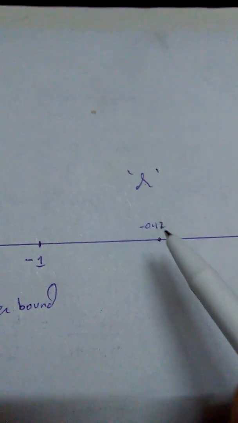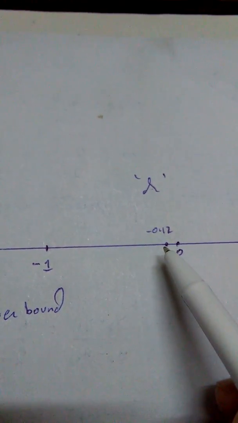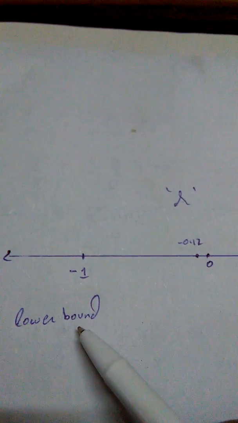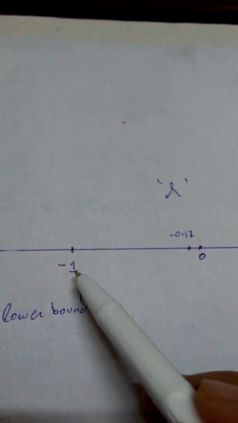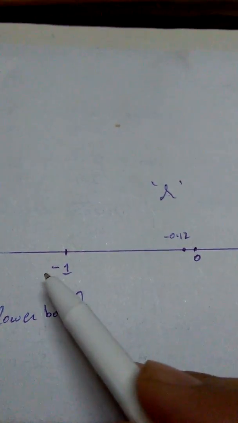So if the value of your r is less than 0, then you have to see how far this negative value is from the lower bound, which is -1. Here you can see that the negative 0.12 value is quite far away from your -1.